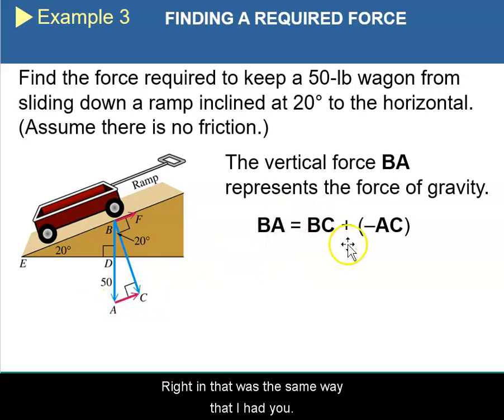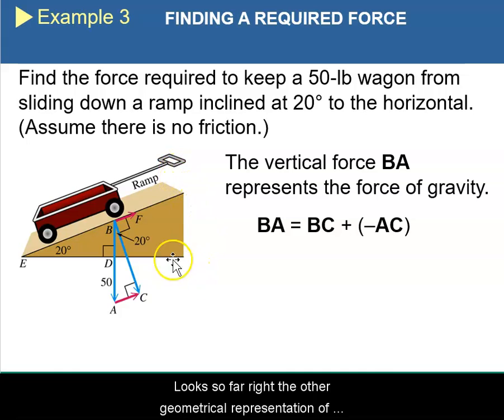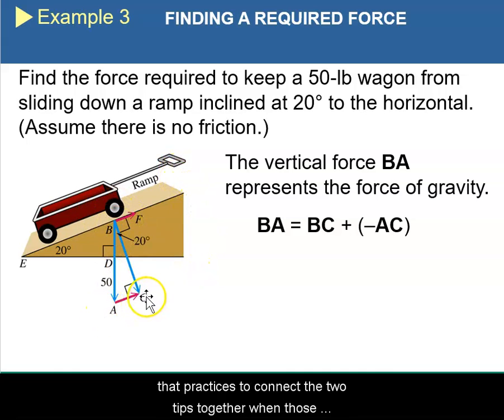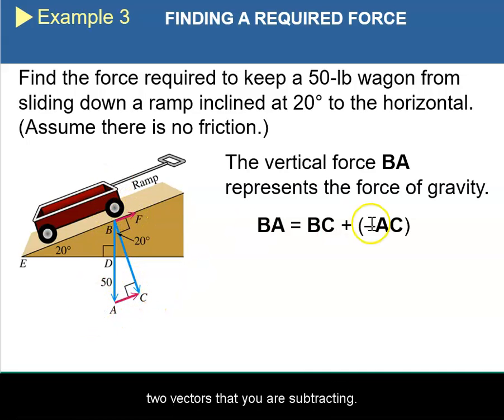That was the same way that I had, 5 minutes ago or so, in my demonstration of the method of subtracting vectors that was not mentioned in our book so far, the other geometrical representation of that, which is to connect the two tips together when those two vectors that you are subtracting are sharing their initial point.